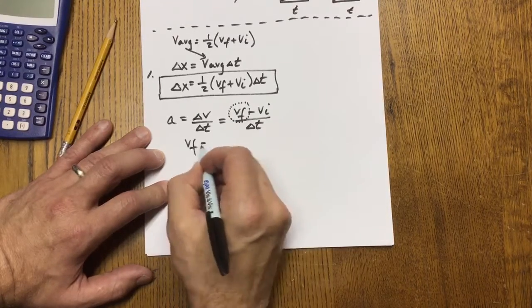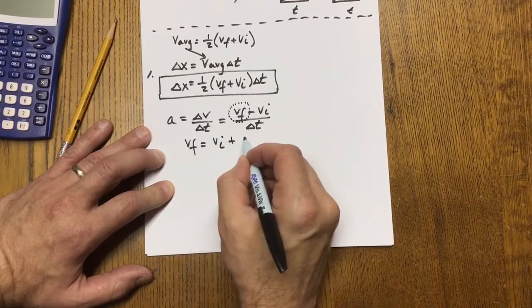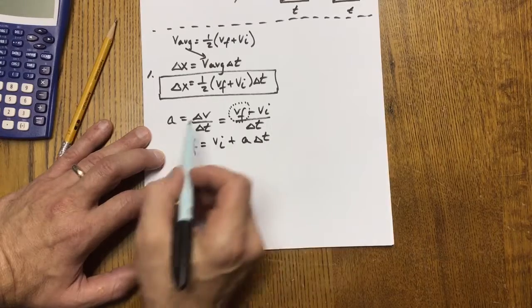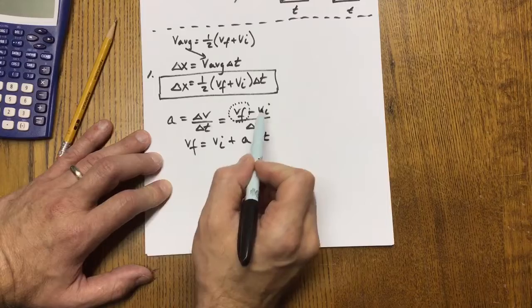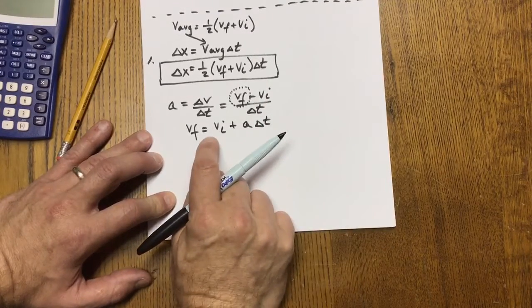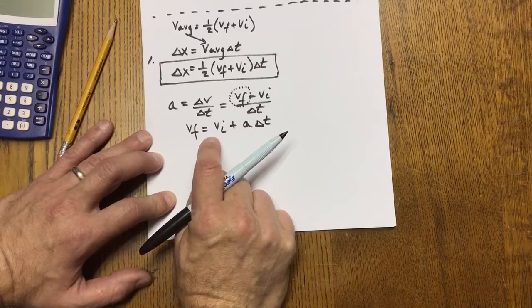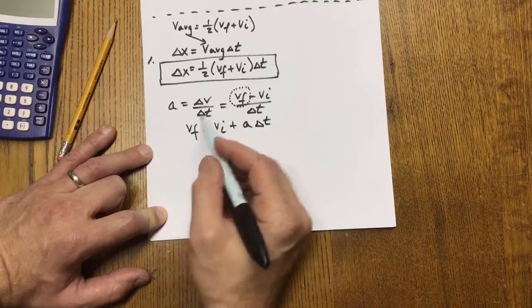So a final velocity being equal then to, algebraically, an initial velocity plus the acceleration times the change in time, right? We solve for VF. We're going to multiply both sides by delta t, and then we'll add VI to both sides. Okay. One might say that is an equation of motion in and of itself. So we could identify it as such.